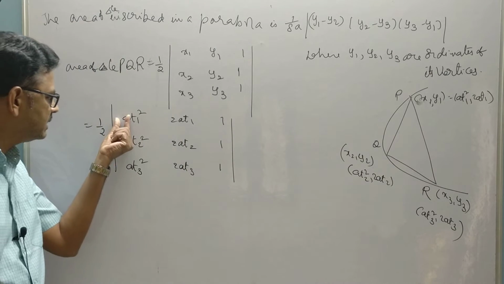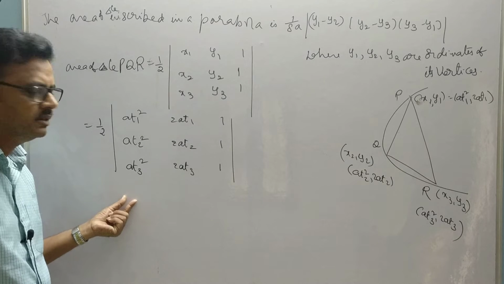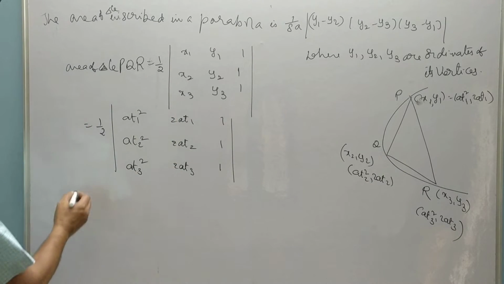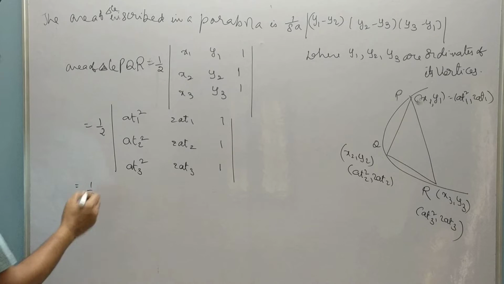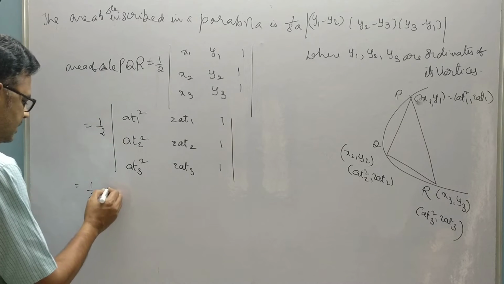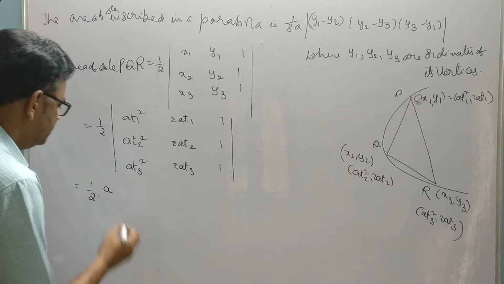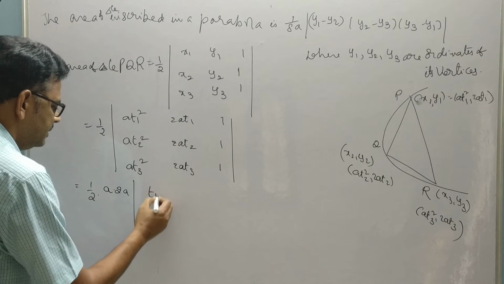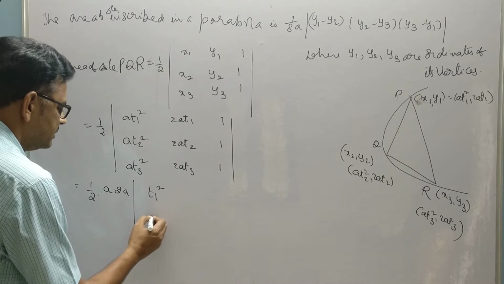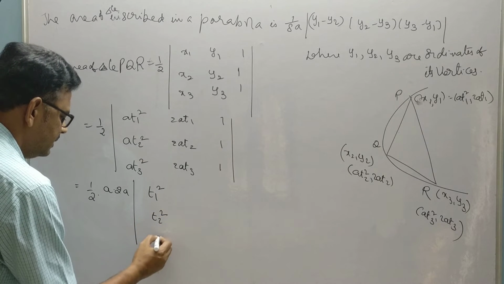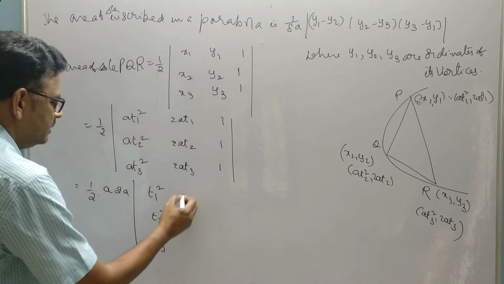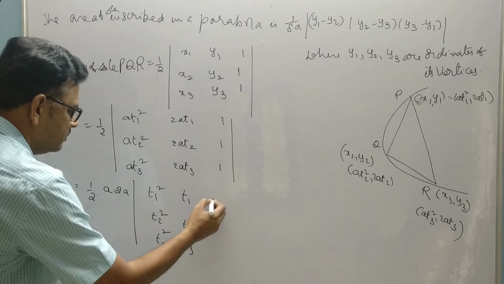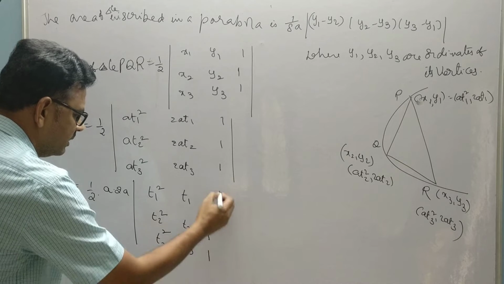Now from the first column a is taken common, from the second column 2a is taken common. So this is 1 by 2 into a into 2a into determinant of t1 square, t2 square, t3 square; t1, t2, t3; 1, 1, 1.